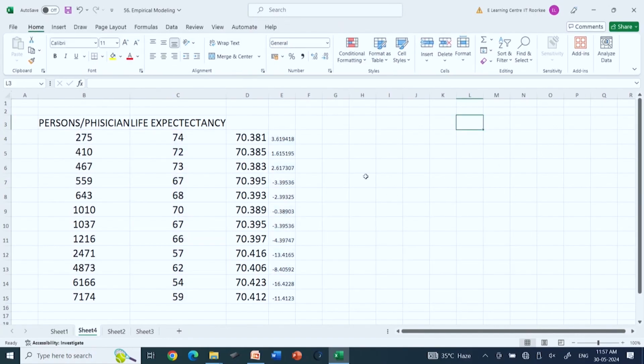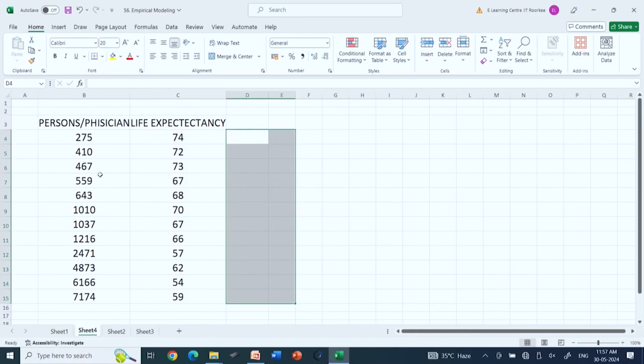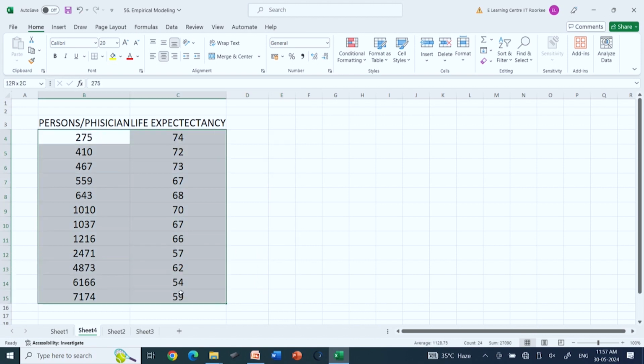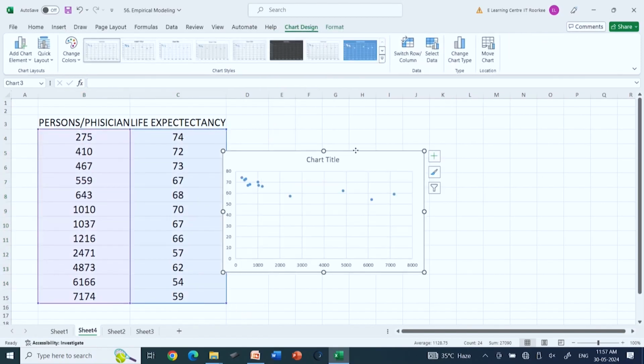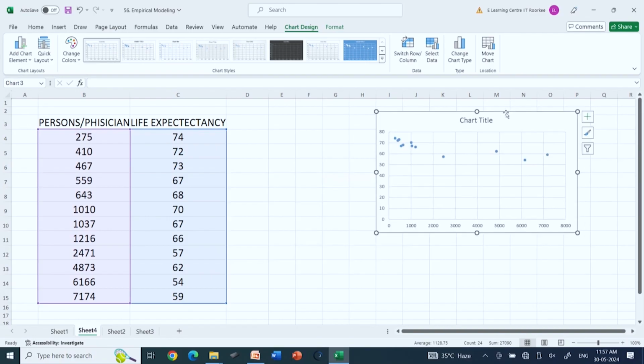So here let's try another empirical model, say exponential model. So I go to insert, I pick scatter and I get this model.